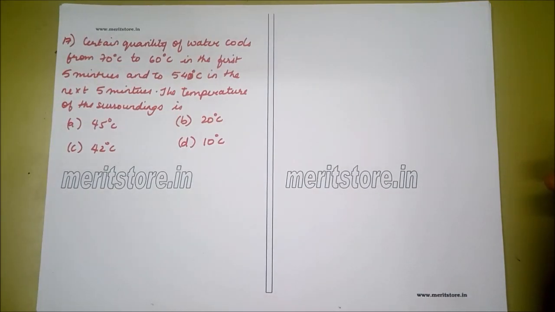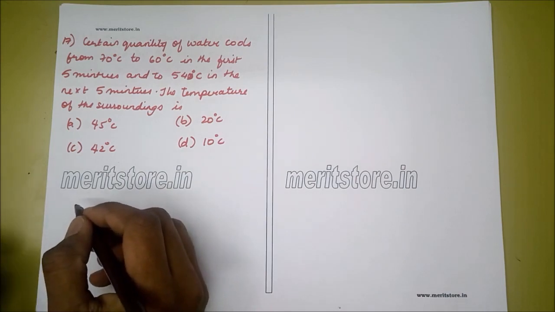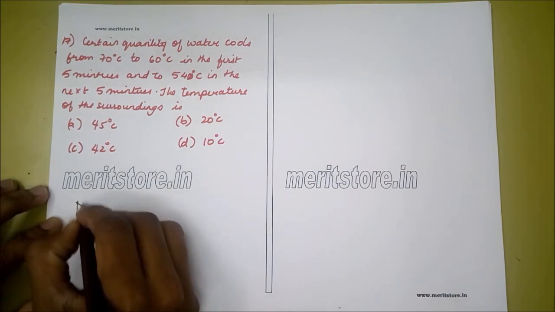A certain quantity of water cools from 70 degrees to 60 degrees Celsius in the first 5 minutes and to 54 degrees Celsius in the next 5 minutes. What is the temperature of the surrounding? The options given are 45 degrees Celsius, 20 degrees Celsius, 42 degrees Celsius and 10 degrees Celsius. To solve this sum, we will need to use Newton's law of cooling.